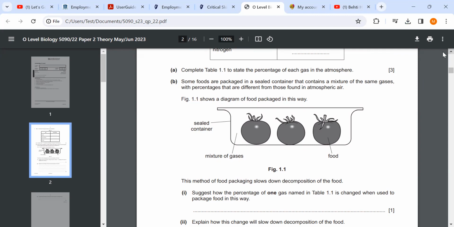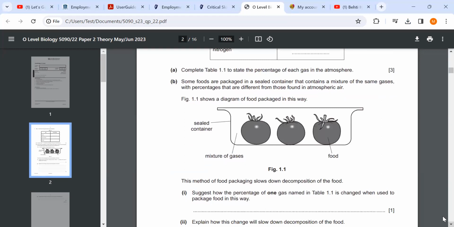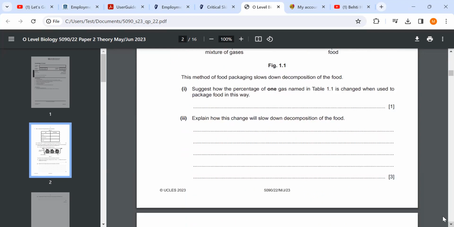The answer is that we will decrease oxygen and increase carbon dioxide and nitrogen in order to slow decomposition, since bacteria will rapidly use oxygen, and in the presence of a low amount of oxygen they will not be able to decompose easily. Now we have to explain the changes that will slow down decomposition.